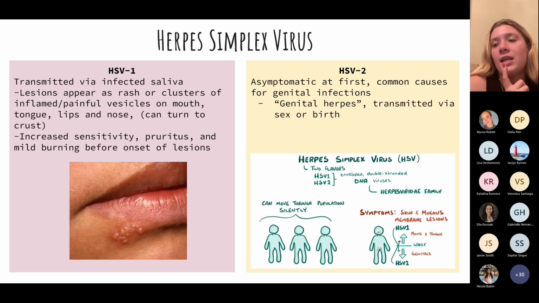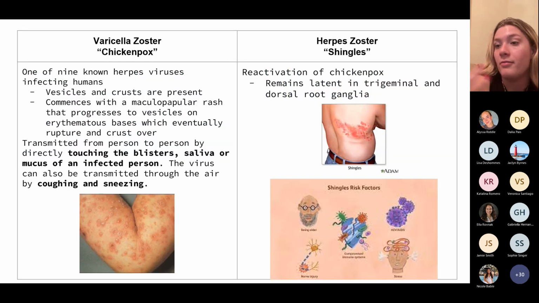More common skin issues, you have your HSV, herpes simplex virus. HSV1, that is our cold sores, mouth lesions, etc. This is transmitted via infected saliva. Our HSV2, on the other hand, that's our genital herpes, can be transmitted by sex or by birth if a child was born to someone with an active HSV, vaginal birth, etc. So, more skin issues.